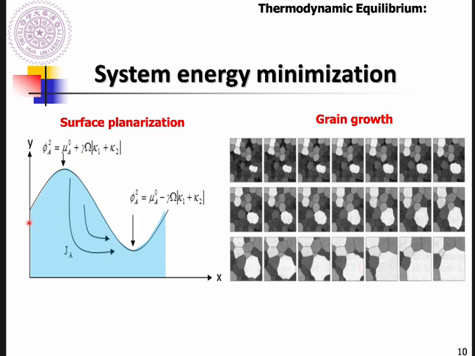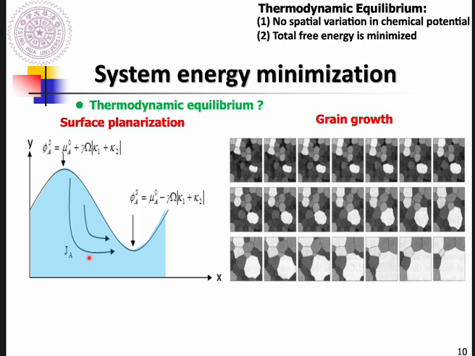So first of all, let's take a look at whether a curved surface is a thermodynamic equilibrium state or not. Based on this idea, my suggestion is you can write down the definition for thermodynamic equilibrium.